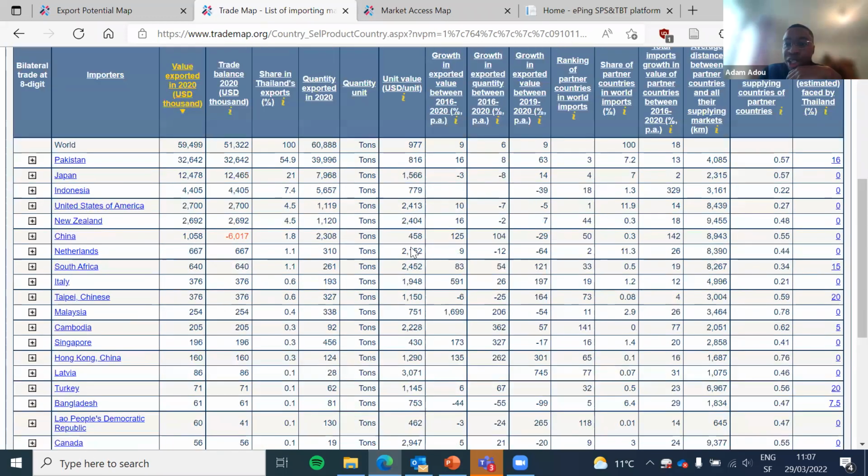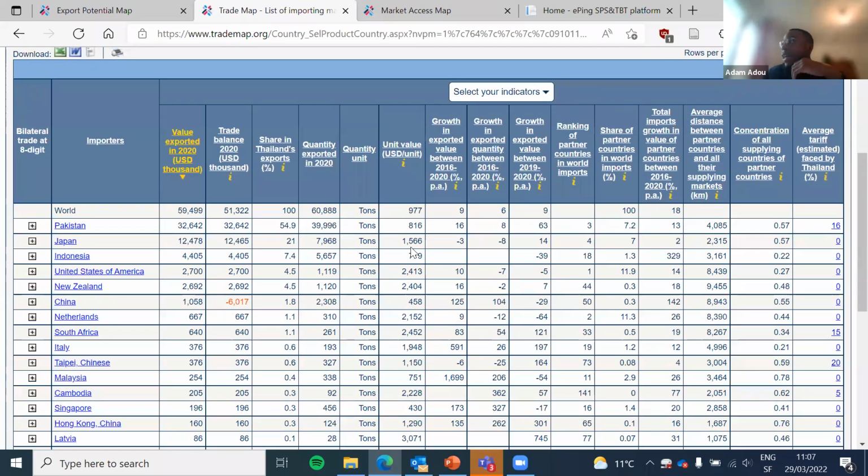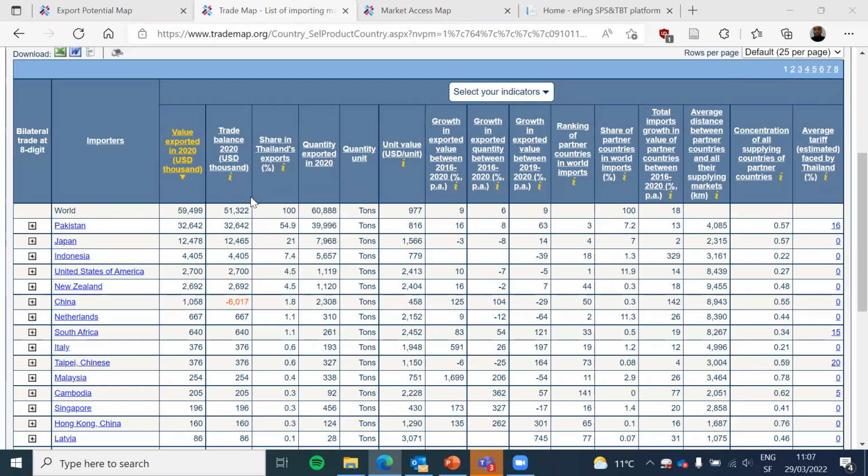Are there any questions till now regarding Trade Map? I have a question from Huang, who has asked why the color is red for the trade balance for China. I explained to Huang that this is because Thailand actually imported more ginger from China than it exported.